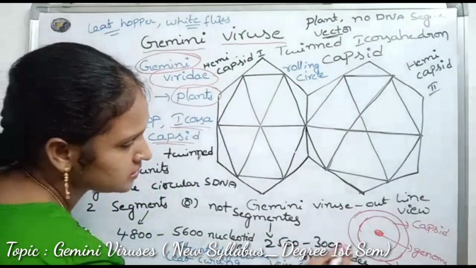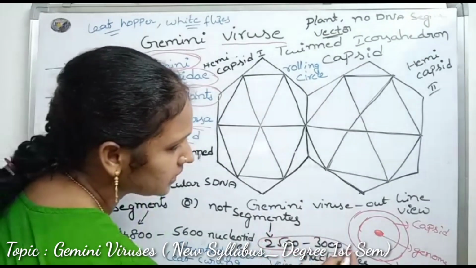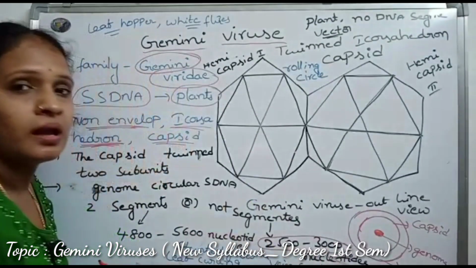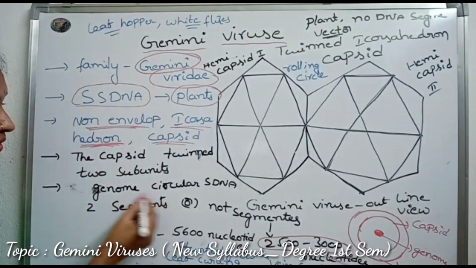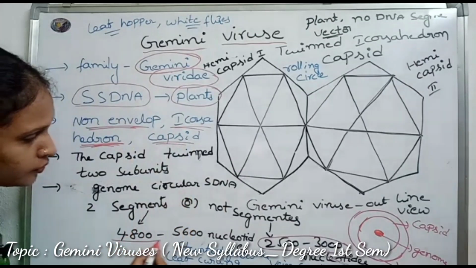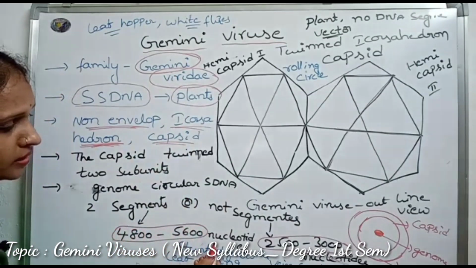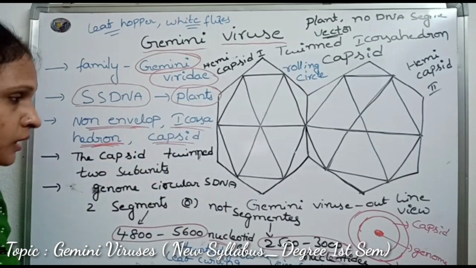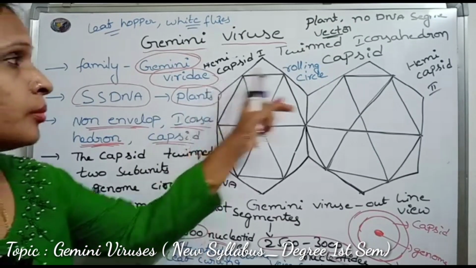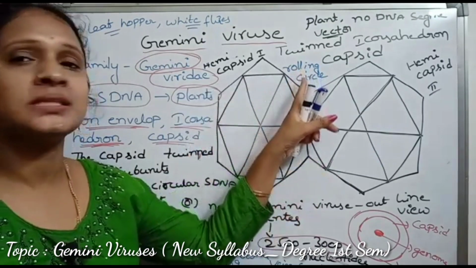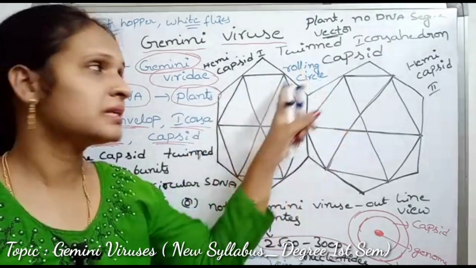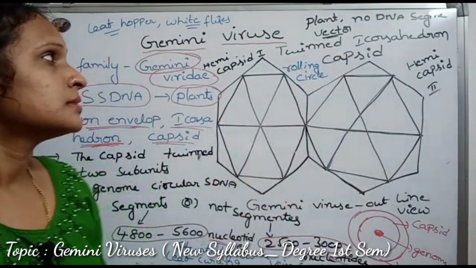Non-segmented virus contains 2,500 to 3,000 nucleotides. Segmented virus contains 4,800 to 5,600 nucleotides. The mode of replication is rolling circle.